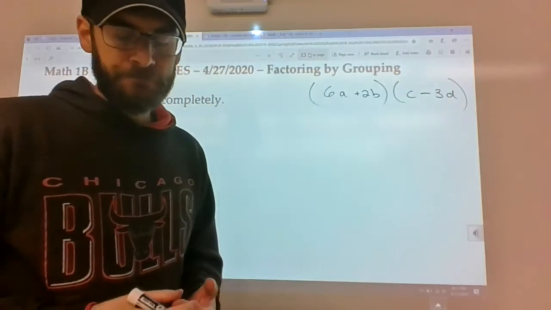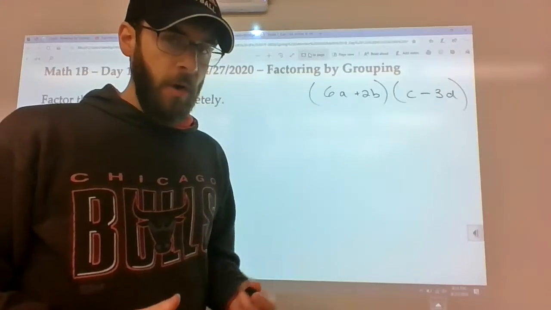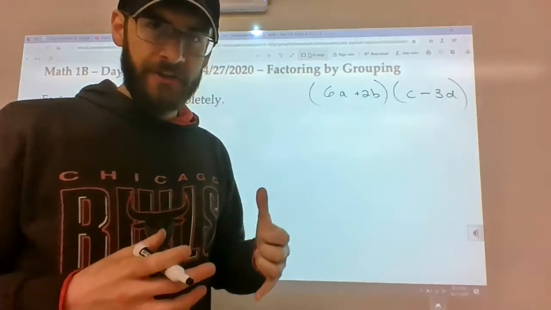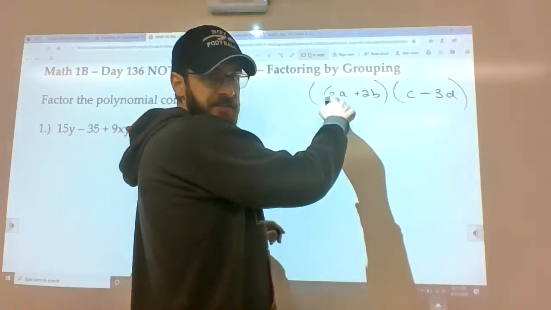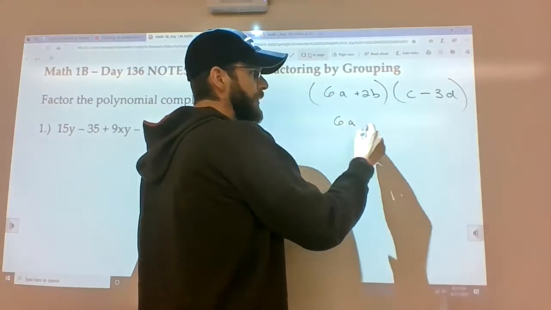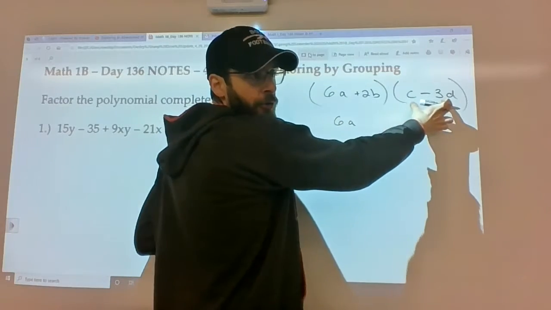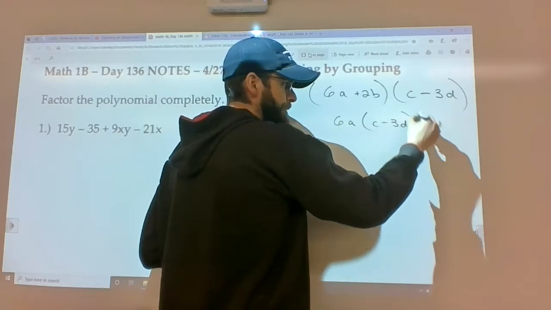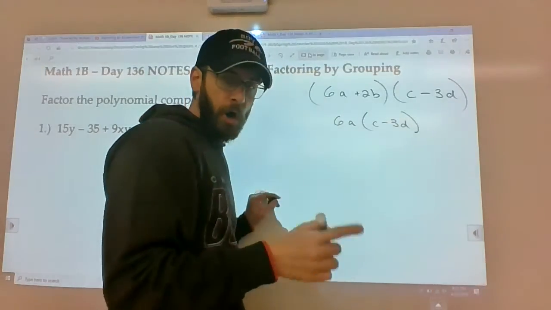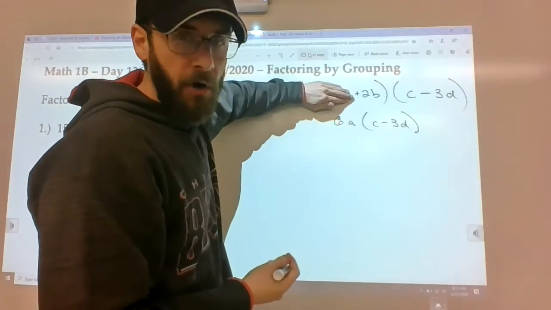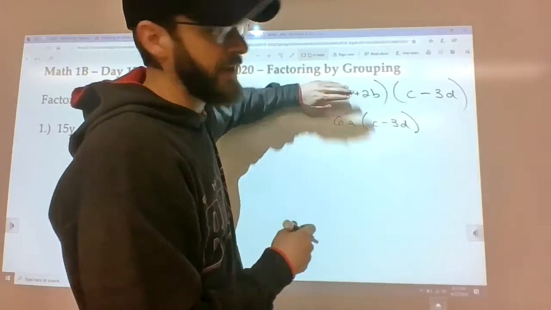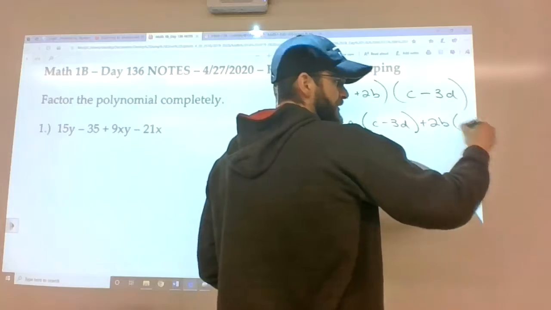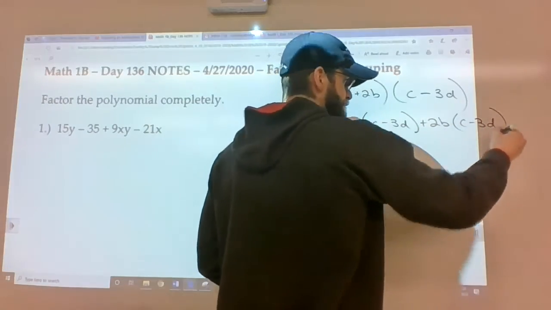Now, if you'll recall, to expand this polynomial, we would take the 6a and multiply it by everything in the second group. So you'd multiply it by c minus 3d. We would also take the 2b part and multiply that by everything. So we would write plus 2b times the c minus 3d.